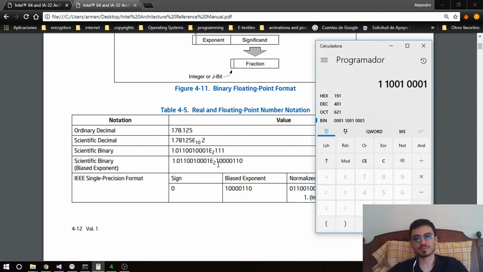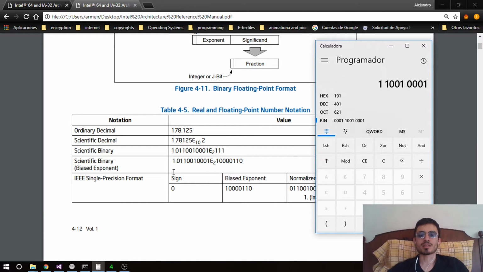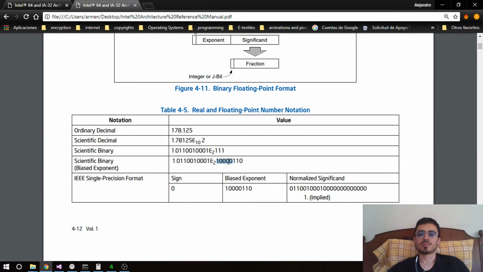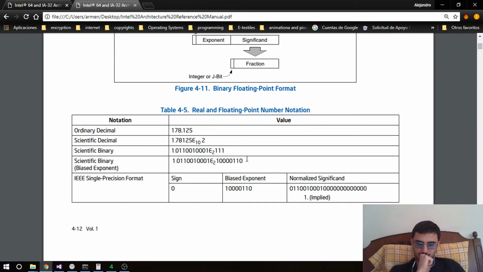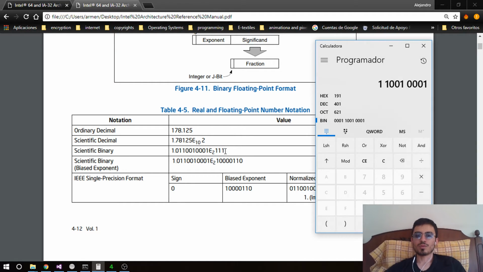Probably the reason they bias it is that since you have more size to represent the exponent, you want to make better use of all the quantity of elements you get, instead of just moving one, one, one, one.